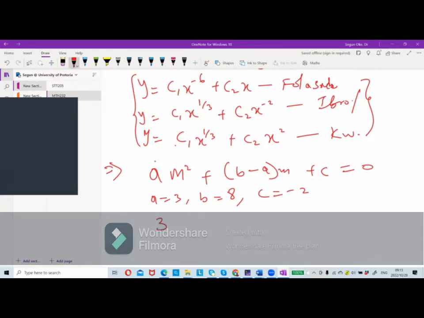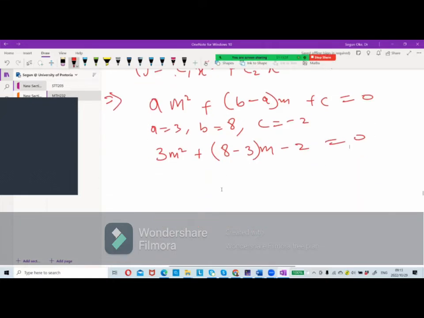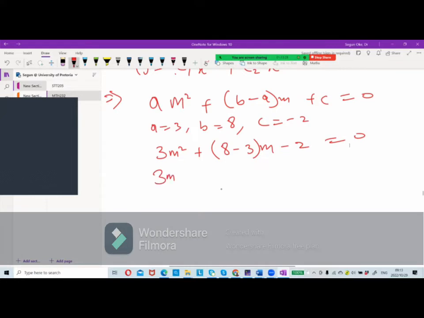We have 3m squared plus 8 minus 3 m minus 2 equals 0. So we have 3m squared plus 5m minus 2 equals 0.